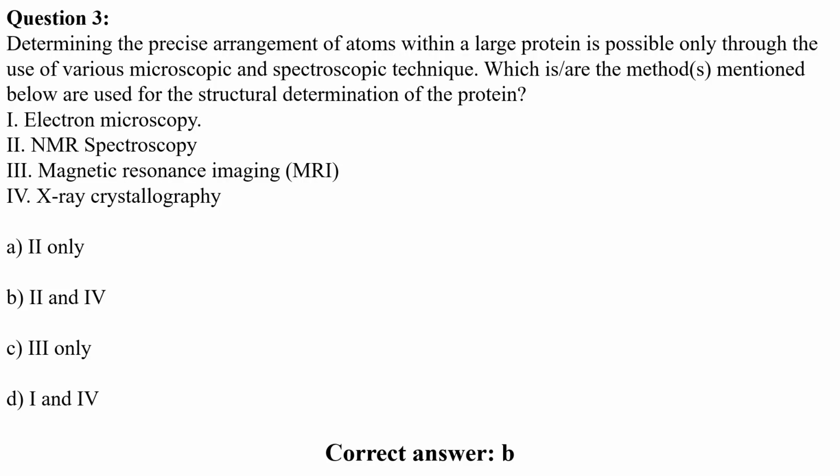In NMR spectroscopy, it is basically nuclear magnetic resonance, where we check the spatial arrangements of atoms in a 3D space. So both NMR spectroscopy and X-ray crystallography can give us a 3D structure of protein.